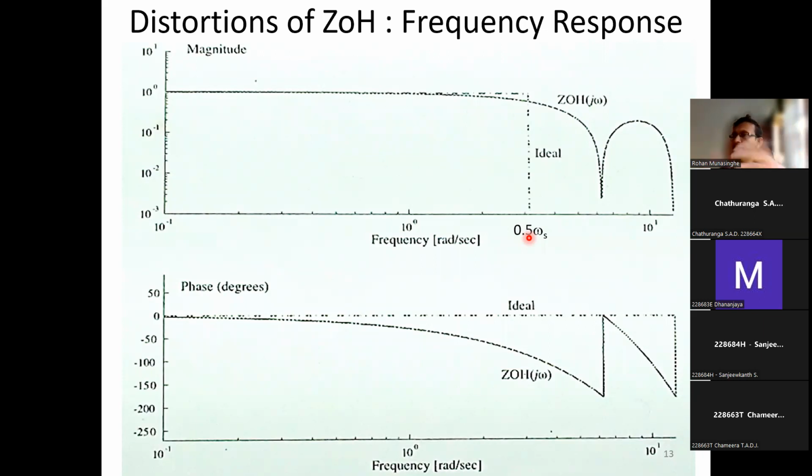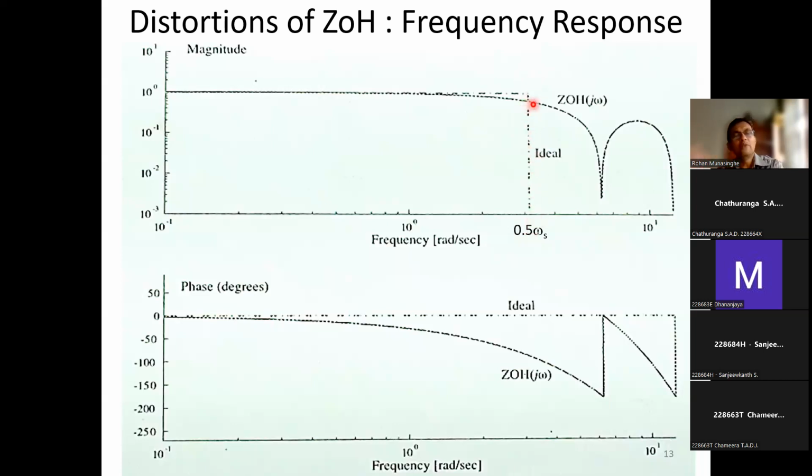If you look at the system bandwidth, what sort of system is it? Are you dealing with your plant bandwidth? Let's say it is 10 hertz. And if you set your sampling 10 times of that, then when you get half of that, that is 5 times the bandwidth point.